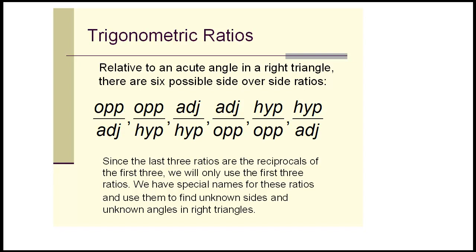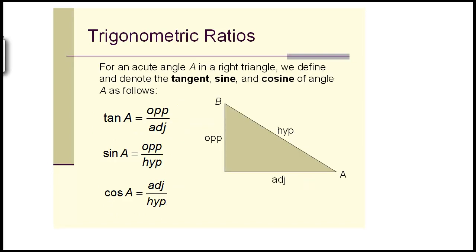We have a special name for these ratios and use them to find unknown sides and unknown angles in a right triangle. For an acute angle A in a right triangle, we define and denote the tangent, sine, and cosine of angle A as follows. So again, with respect to angle A, side A would be the opposite, side B would be the adjacent, and side C would be the hypotenuse.